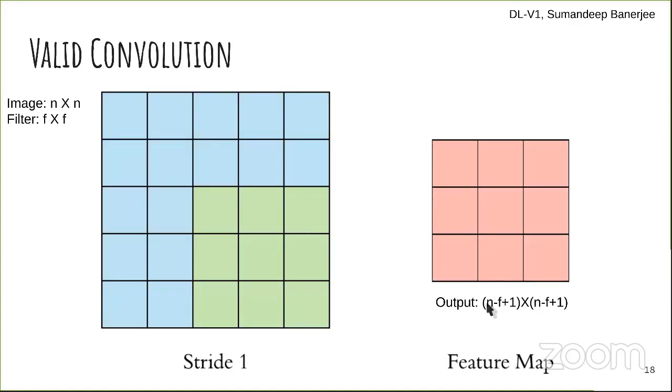And in generic terms, if the input is n by n and the filter is f by f, then the possible locations where we can apply the filter and compute the weighted summation is (n minus f plus 1) cross (n minus f plus 1). This is called valid convolution because we are only taking all the valid positions within the scope of the image where to place the kernel.